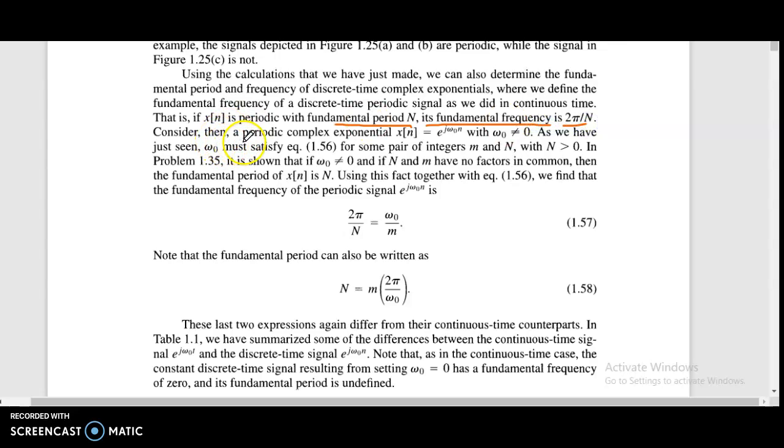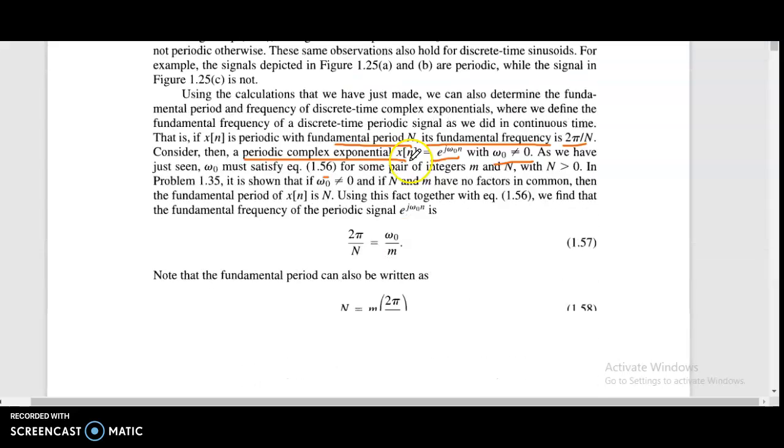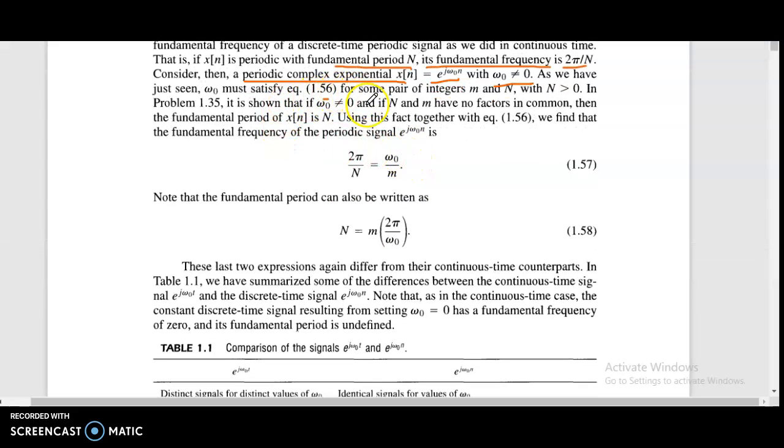Consider then a periodic complex exponential x[n] = e^(jω₀n) with ω₀ not equal to 0. As we have just seen, ω₀ must satisfy equation 1.56 for some pair of integers m and N with N greater than 0.